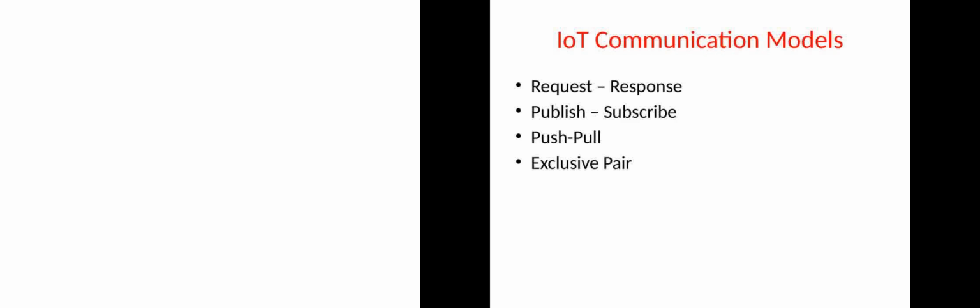Then coming to the communication models, there are four models: request response, the client request and the server response; publish, subscribe; push, pull, which is through a queue, where some data is pushed into a queue and it's pulled by the server; and exclusive pair, which is the normal.